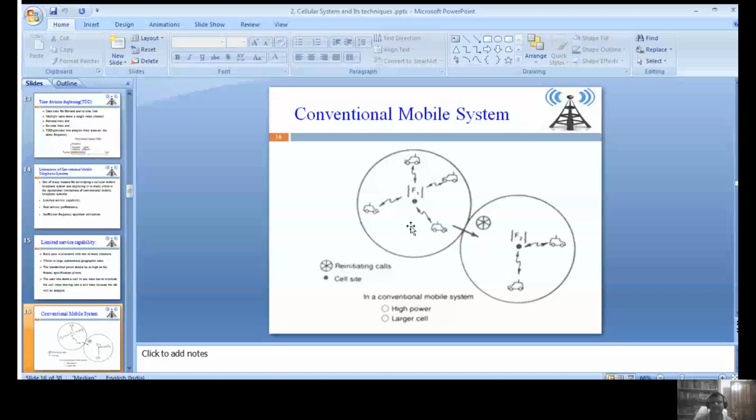Next one is inefficient frequency spectrum utilization. Suppose in your final year EC you have 132 students, but there are laptops in a lab for only 66. 66 students are waiting for the lab to open after some time.